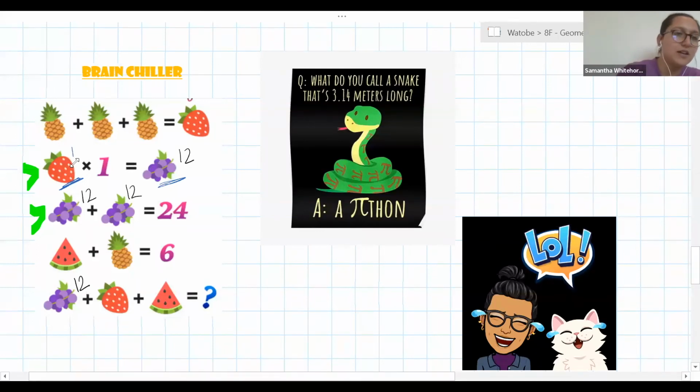Awesome. Well done. So guys, if a strawberry times 1 must give me 12, then the strawberry has to be 12 as well, because the only thing that gives me 12 if I'm multiplying it by 1 is 12. So our strawberry is also 12. Well done.